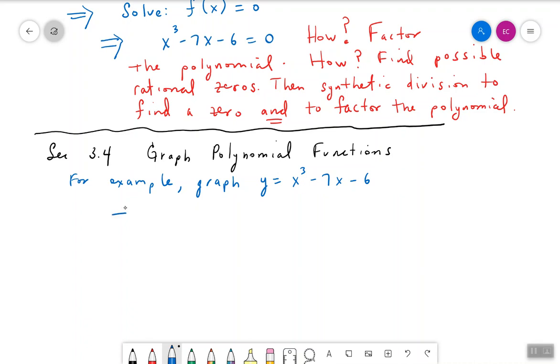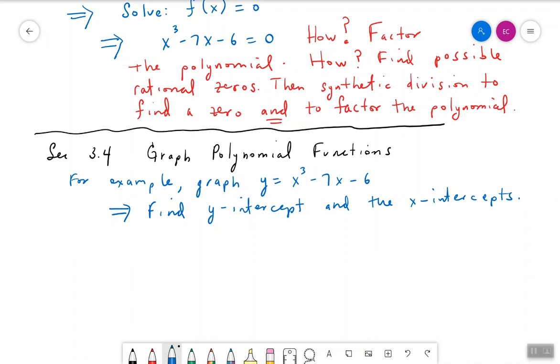We're going to find the y-intercept and the x-intercepts. To find the y-intercept, set x equal to 0. To find the x-intercepts, go through this process that we studied in section 3.3.